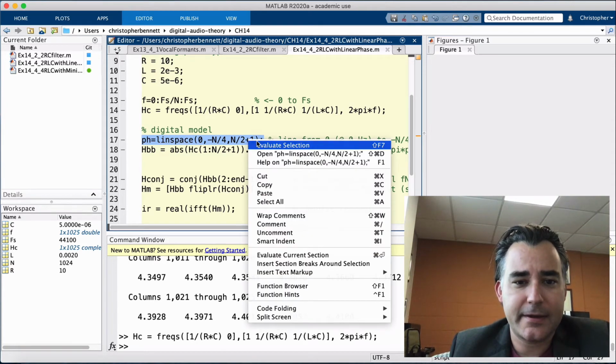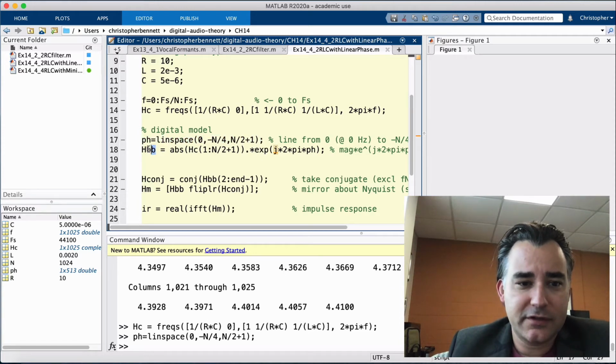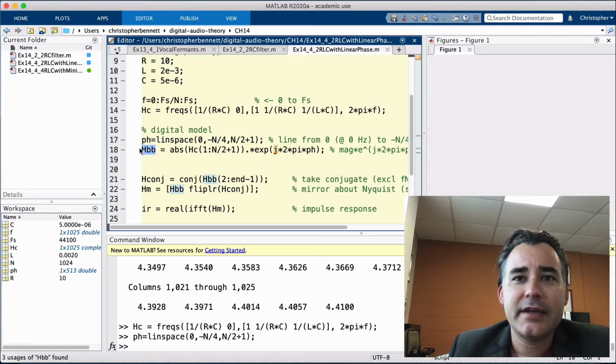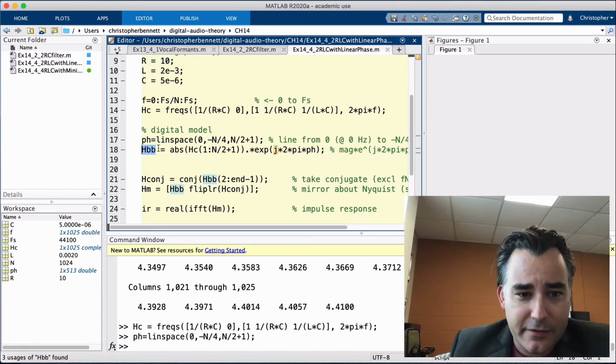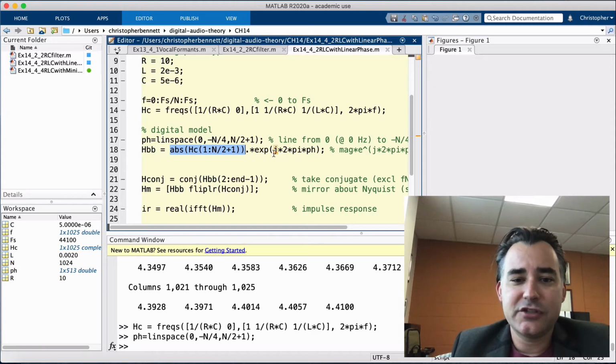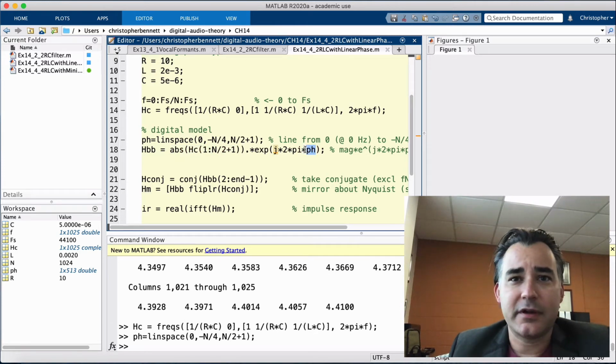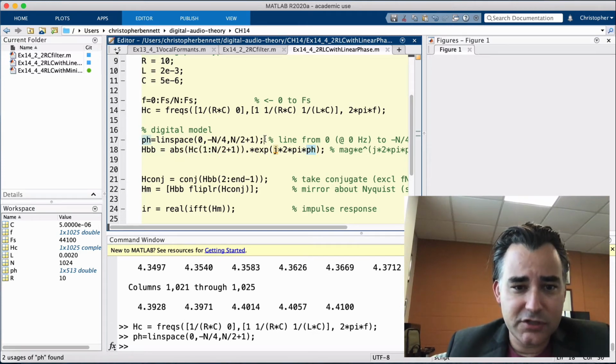So let's evaluate that. Then the baseband transfer function, given by Hbb, is constructed by combining the magnitude response, given by our continuous transfer function, times e to the j2pi of our phase response, which is the linear phase that we just constructed.